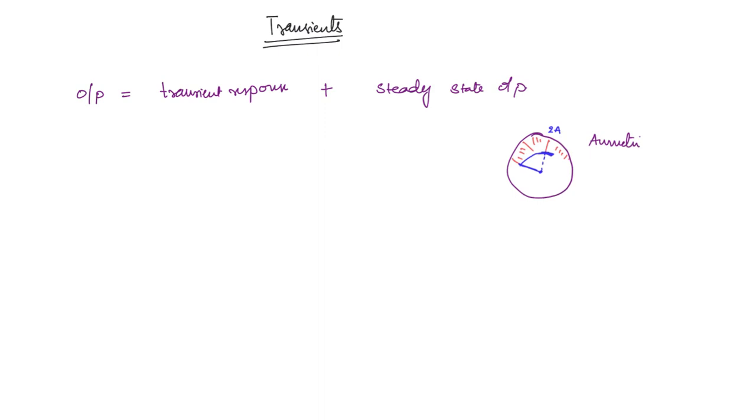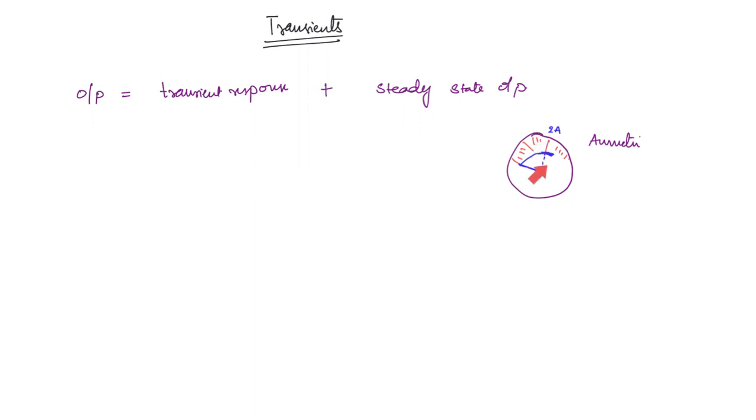So this swinging back and forth about its final value, that is the transient response. And what will happen to the transient response? Will it sustain forever? No, it will die out with time. After the transients die out, the pointer will settle down at 2 amperes.